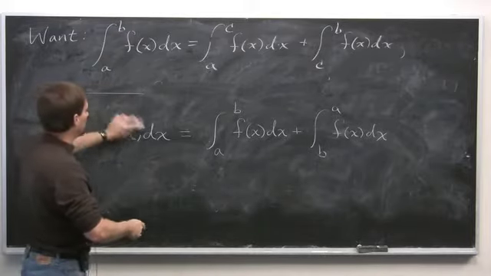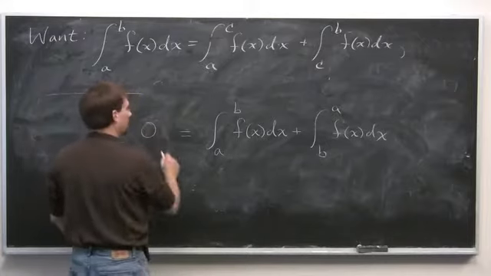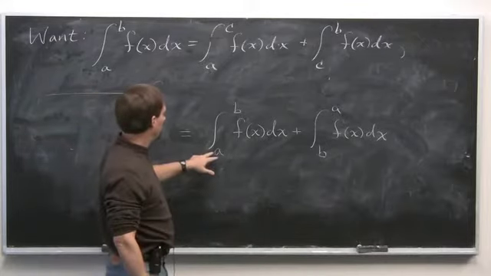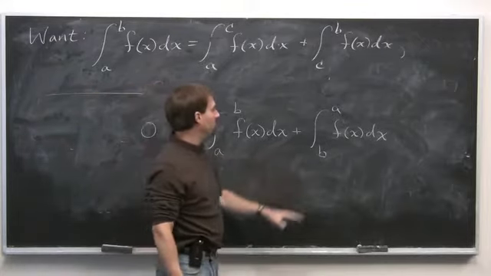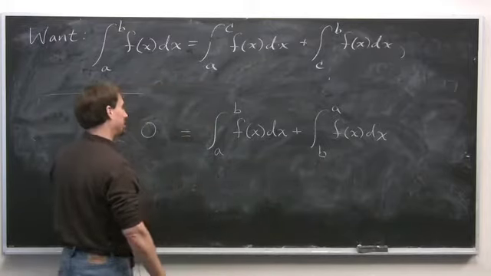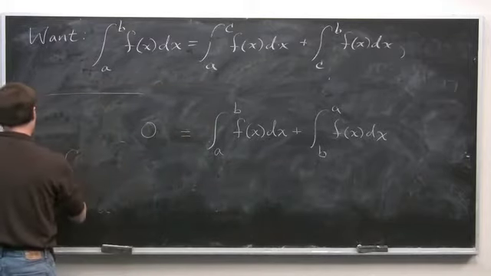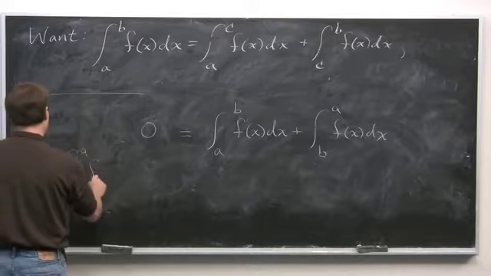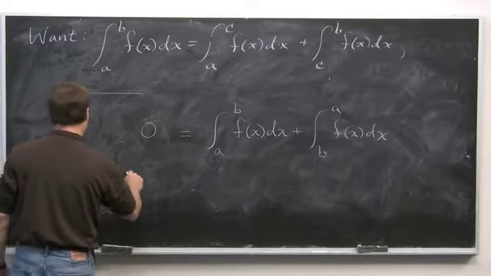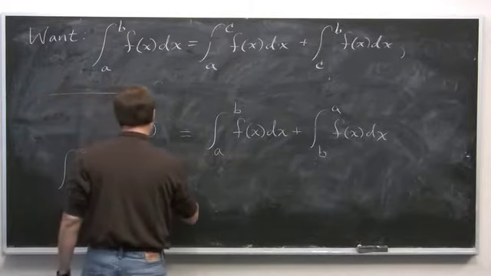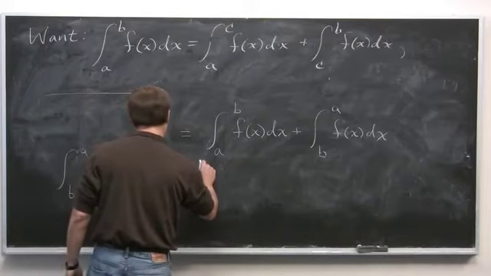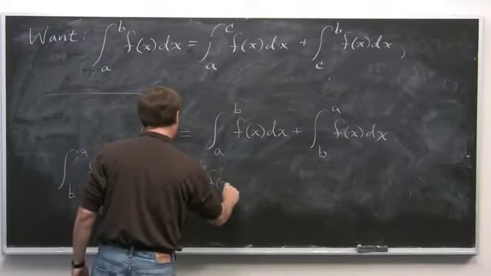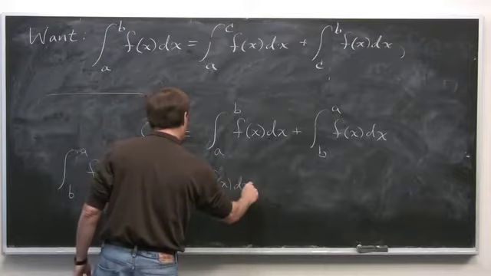So if this part's 0, then we need the integral from a to b plus the integral from b to a to be 0. In other words, the integral from b to a of f of x dx needs to be negative the integral from a to b of f of x dx. And we make that definition.